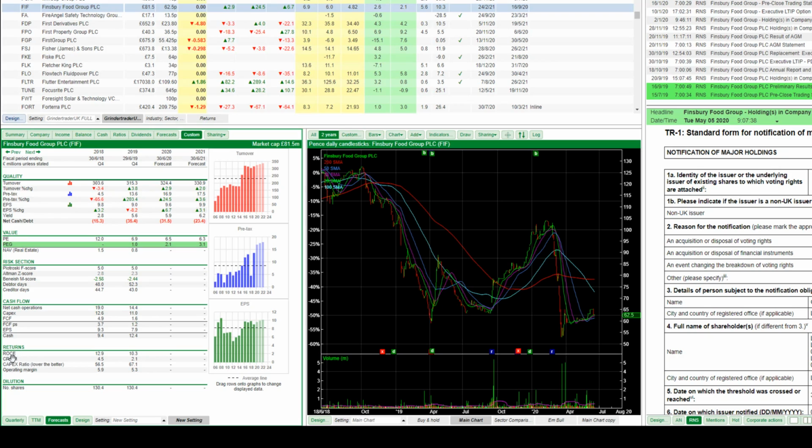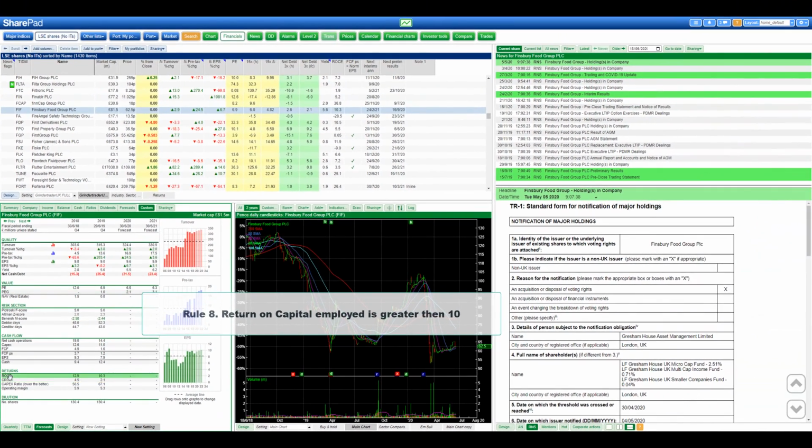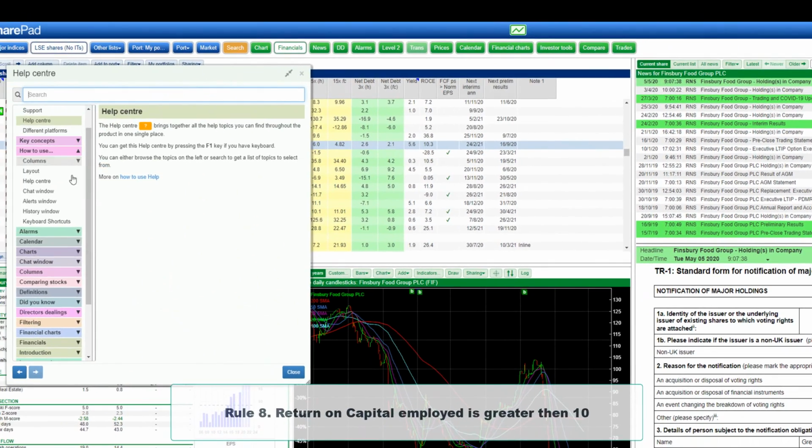And here's the returns, which is return on capital employed. Again, if you're not sure what these figures are, I believe you can go into, where is it? You can go into, it's up here. No, you go into the help menu. There we go.